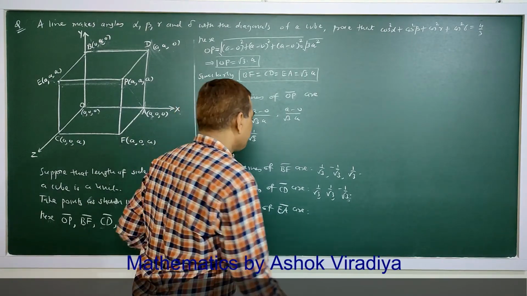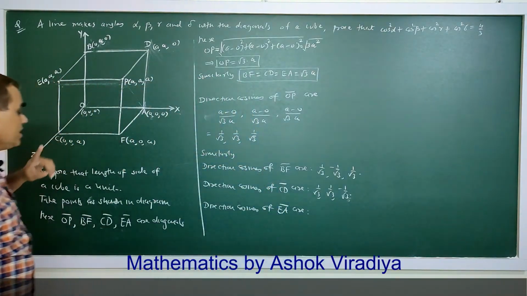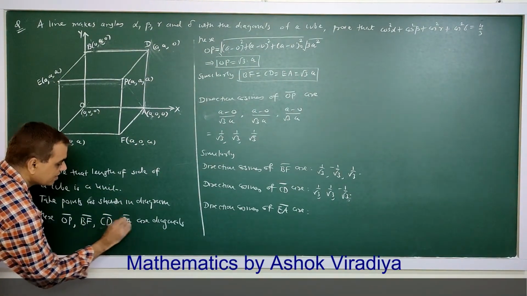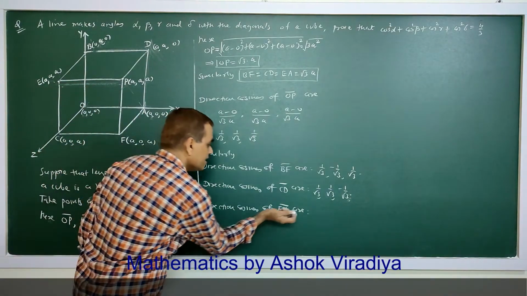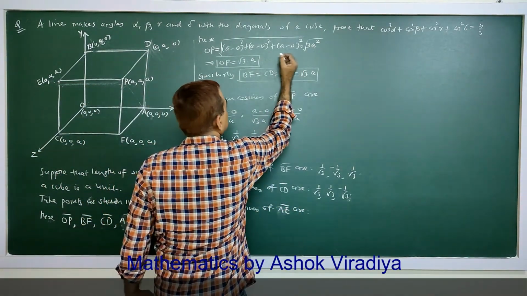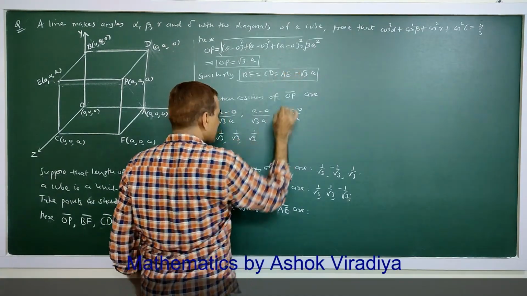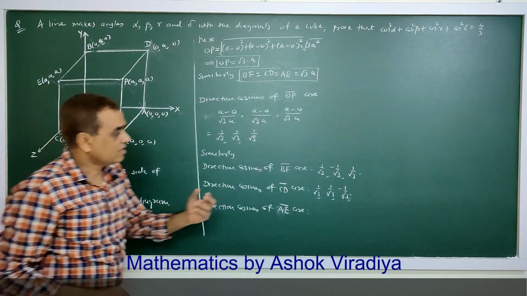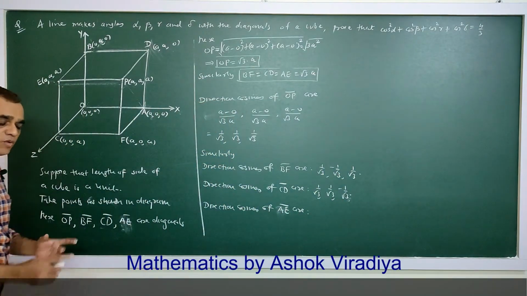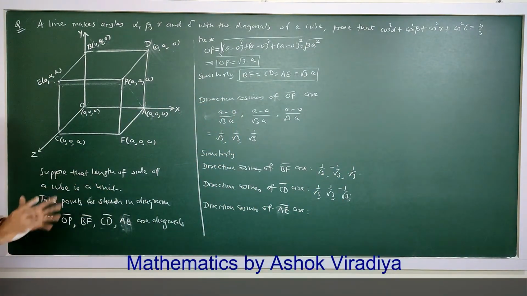Here I am changing the order, I am taking AE. Line segment AE or EA is the same, but because I want a similar pattern I am changing the order. Otherwise, if you keep EA, it's okay.